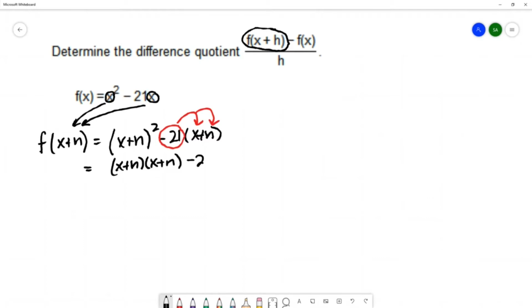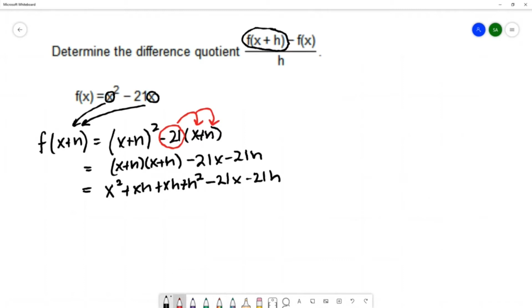That's negative 21x minus 21h. For the x plus h times x plus h, we're going to multiply that out and get x squared plus xh plus xh plus h squared. And then I'm going to copy this minus 21x minus 21h down.